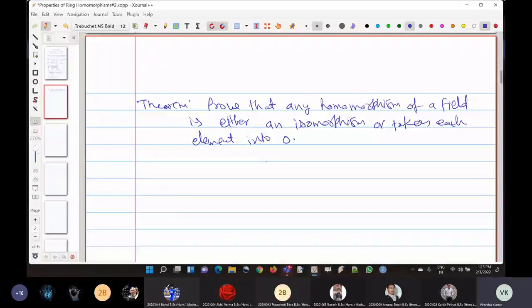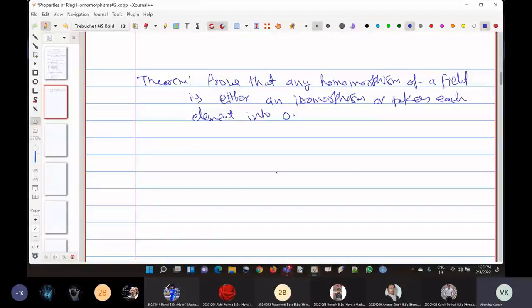Okay, so this is a special quality of a homomorphism on a field.